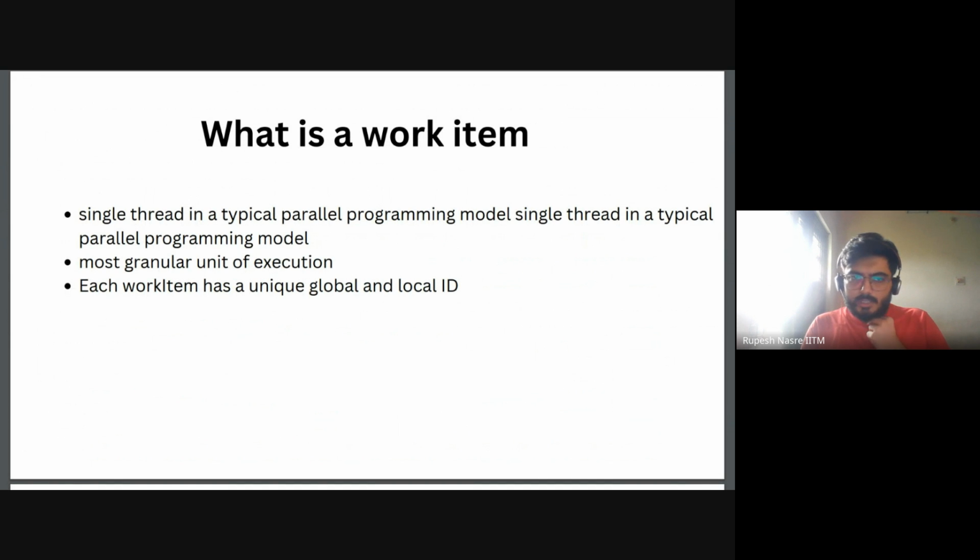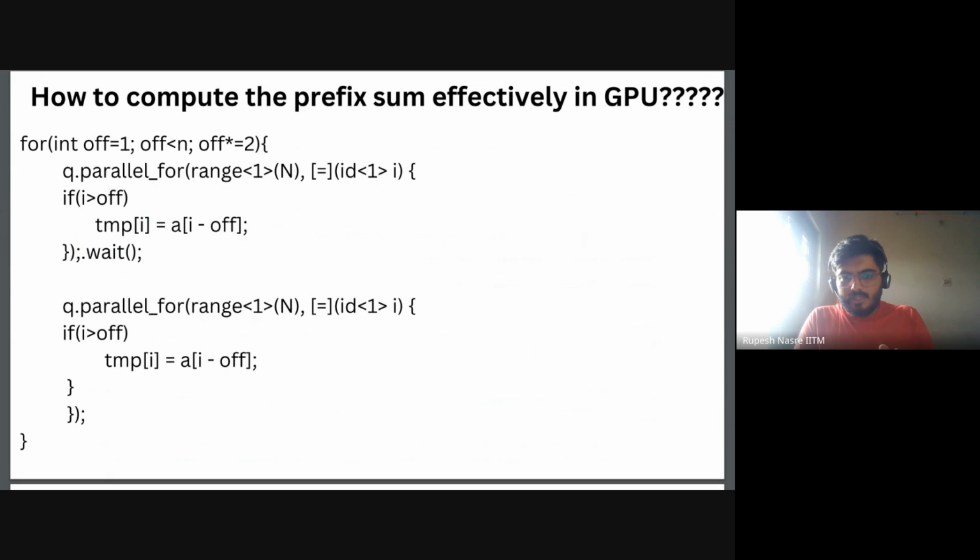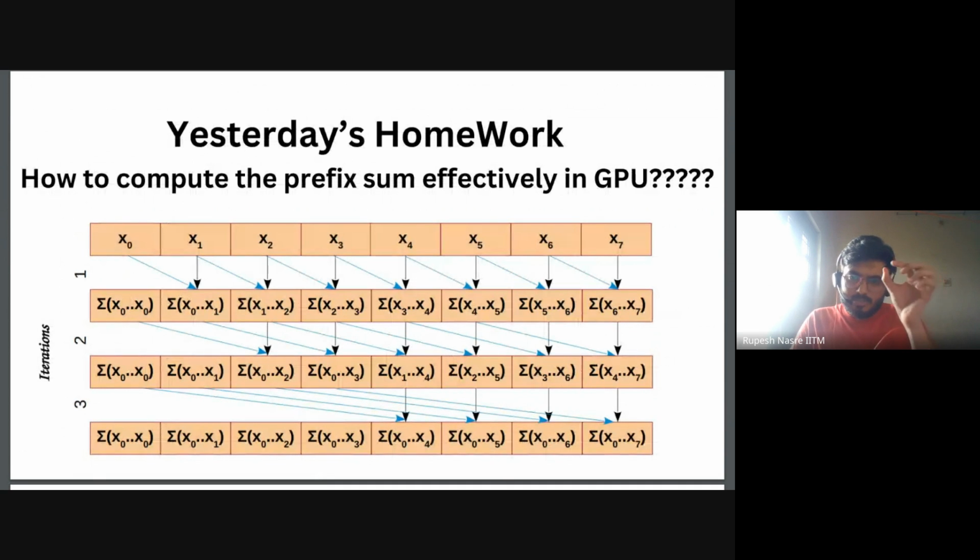Now let's understand what is a work item. Yesterday we talked, and some of you have worked on CUDA and OpenCL. Each thread, like the CPU also has threads, right? Similarly, I was specifying that this index will be run by this thread, this element will be run by this thread, this element will be run by this thread.